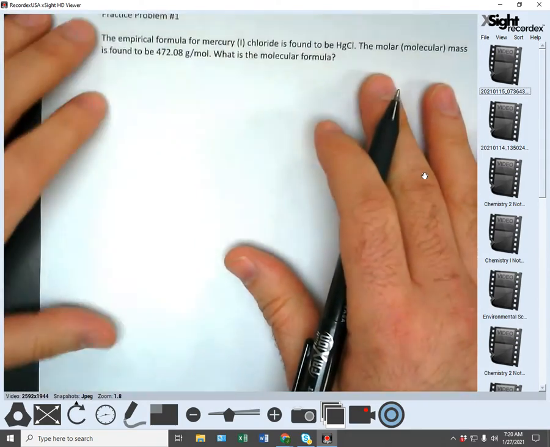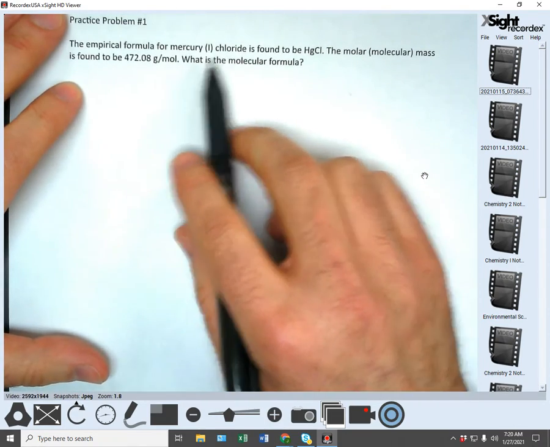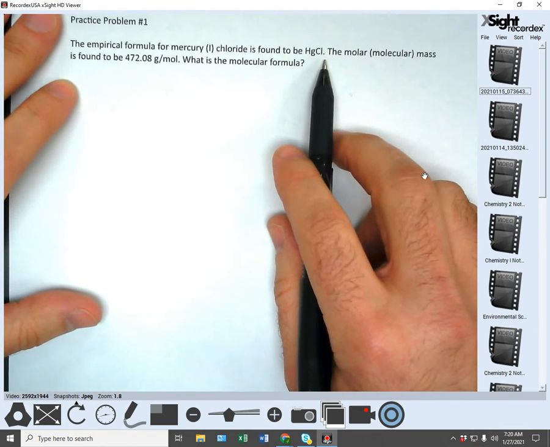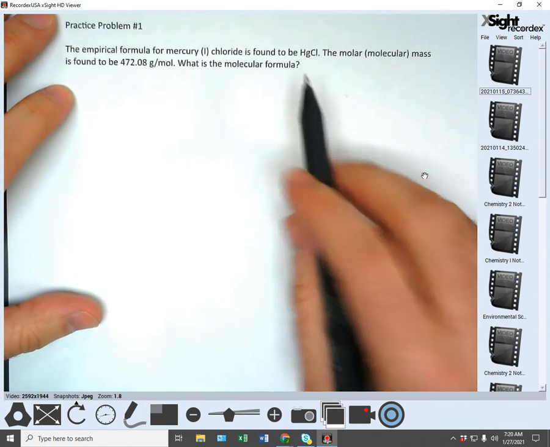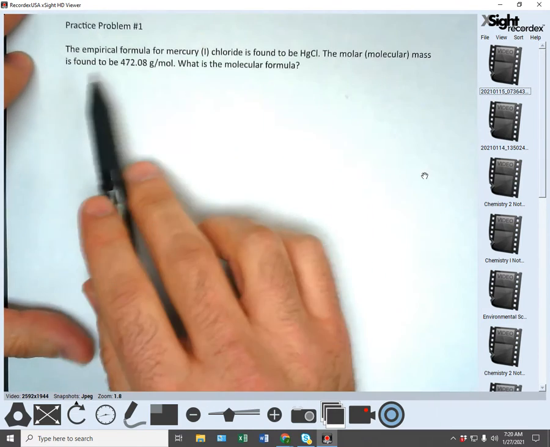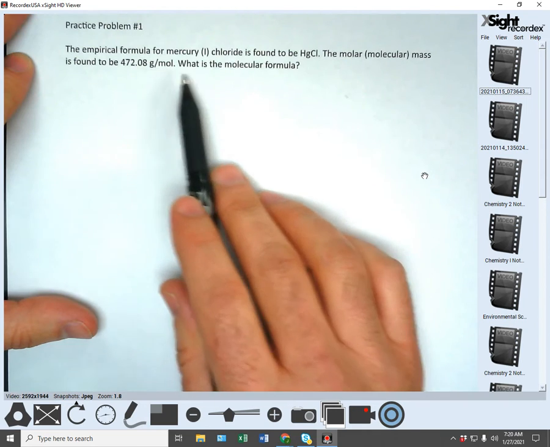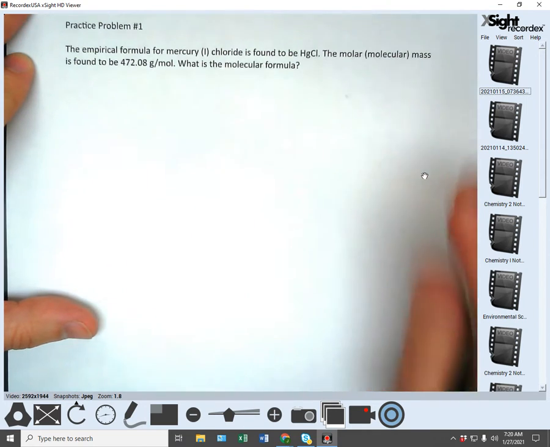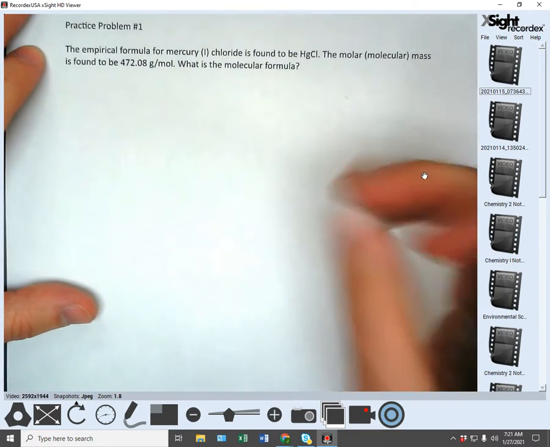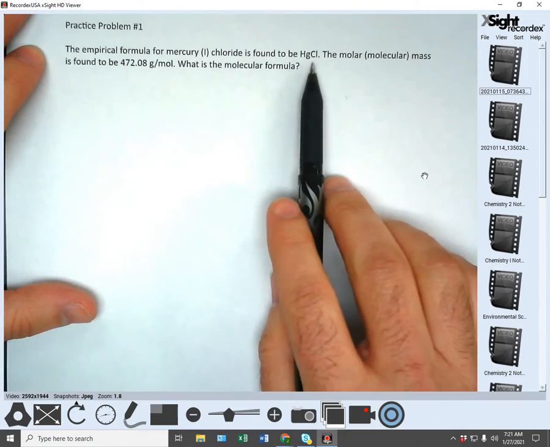If the empirical formula for mercury 1 chloride is found to be HgCl, so this is the empirical formula. The molar or molecular mass is found to be 472.08 grams per mole. What is the molecular formula? So the first thing is we need the empirical formula. If we don't have it, we have to figure it out using the steps we did yesterday. But we have it here.